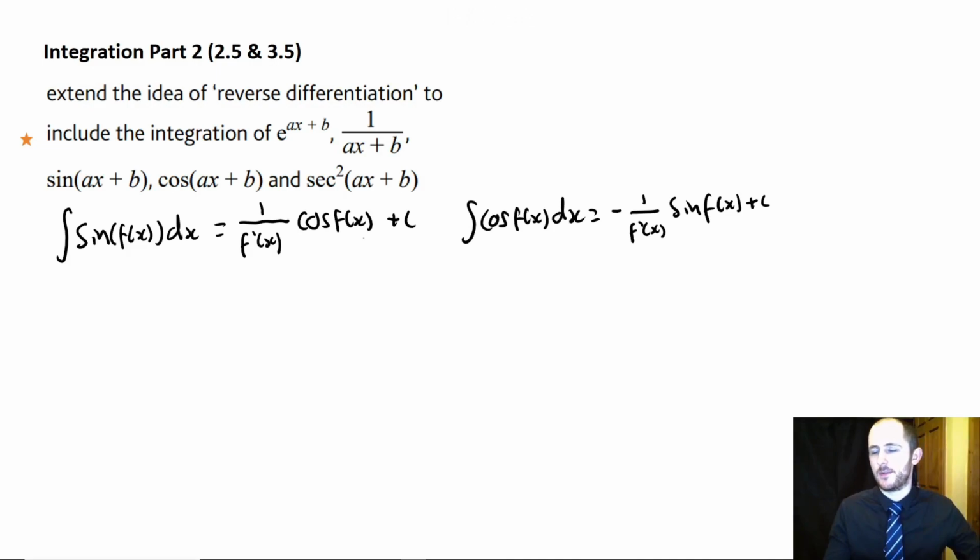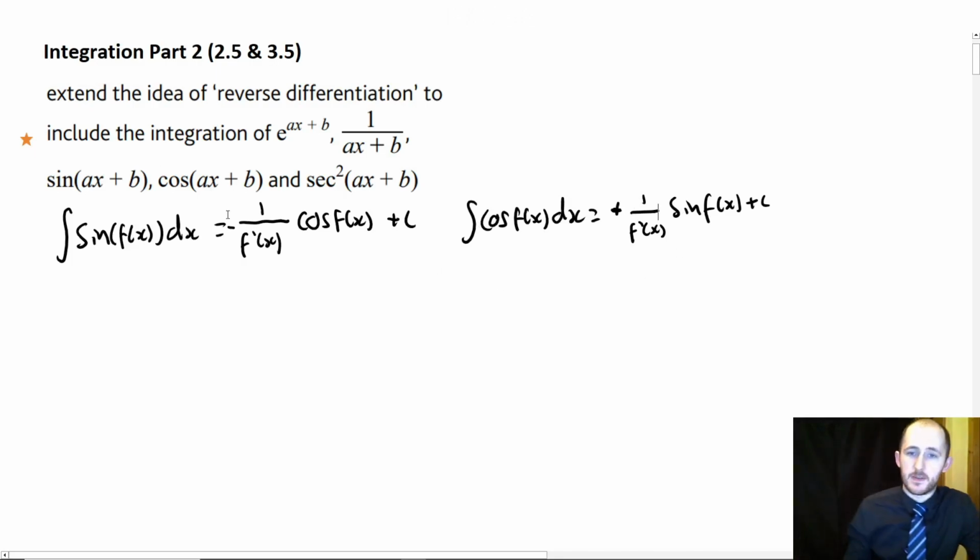So again, if you remember rightly back in the differentiation video, when you differentiated sine you got cos, it was positive, the sign didn't change. When you integrate, the sign does change for sine, it becomes negative. And likewise, when you differentiated cos, you got negative sine, so now you're going to do the opposite. So for cos, the sign will stay exactly the same.